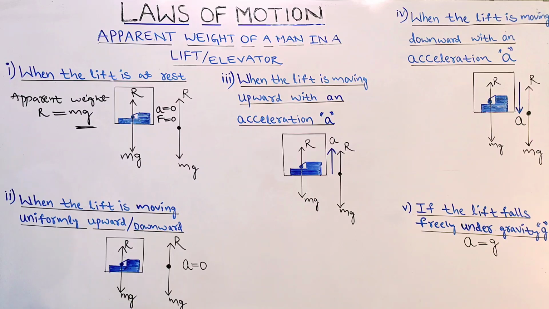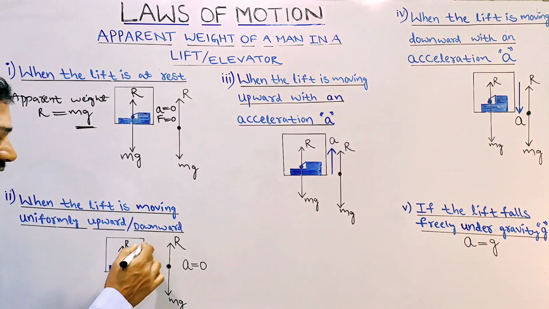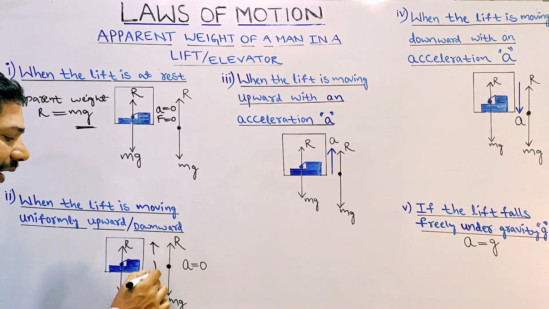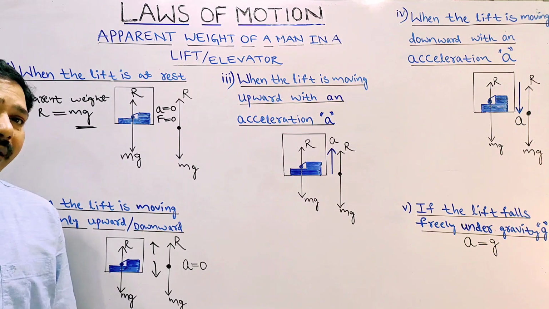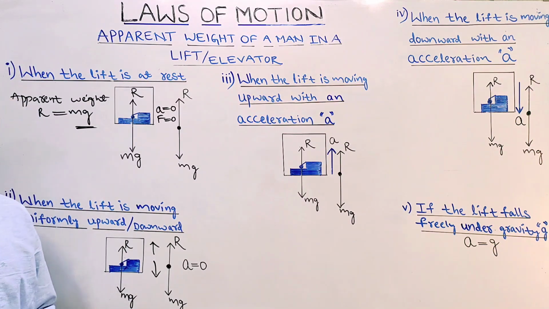Second case: when the lift is moving uniformly upward or downward. Whether it goes upward or downward, it moves at uniform speed, so there is no change in velocity.